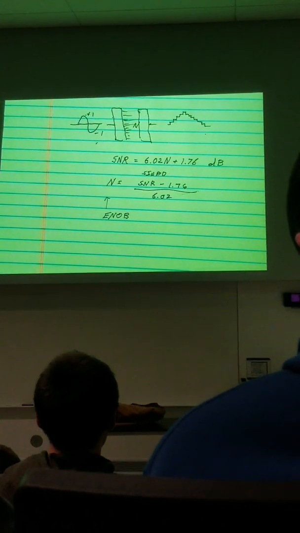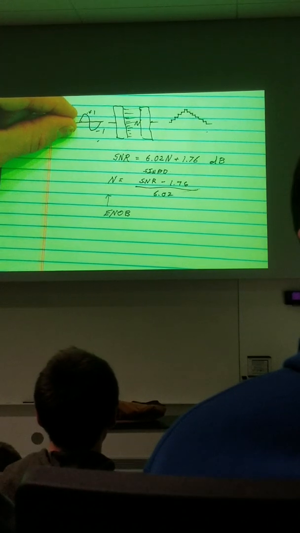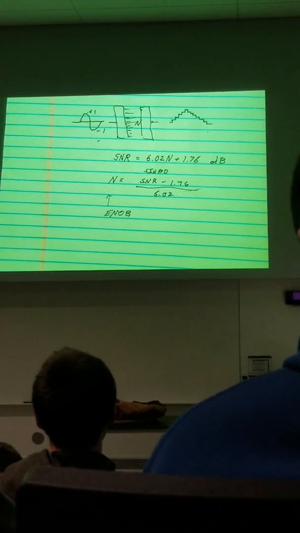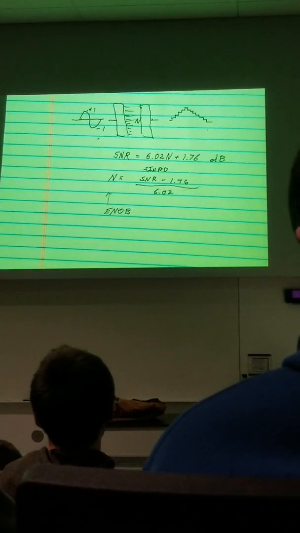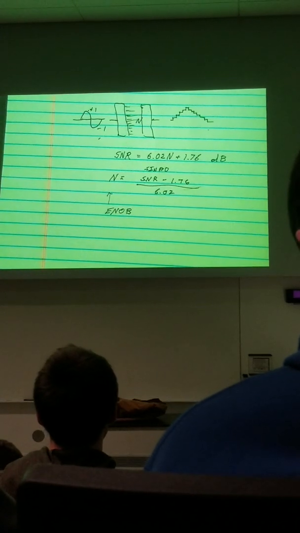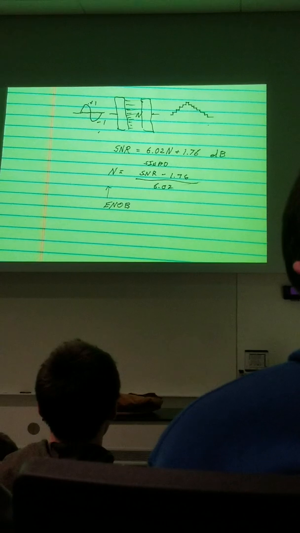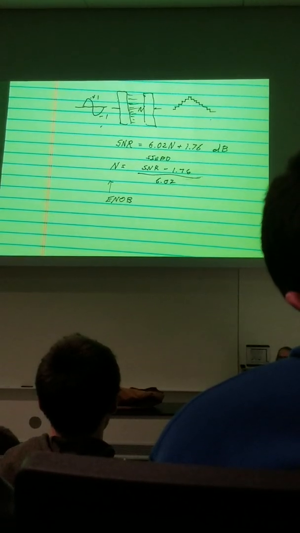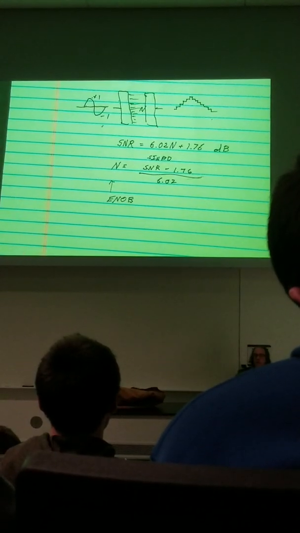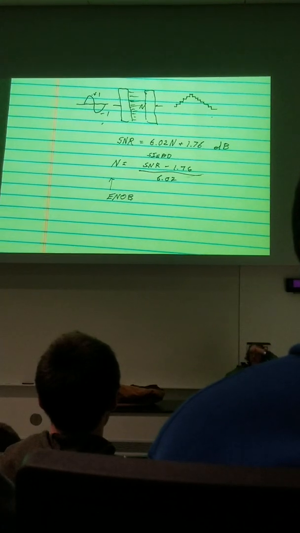If your signal size goes down, what do you suppose happens to your signal to noise ratio? That's almost a tautology, right? If your signal to noise ratio is measured and then your signal gets smaller, what happens to your signal to noise ratio?